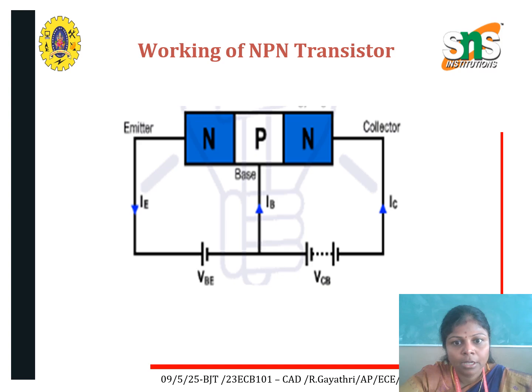And working of NPN transistor: between the emitter and base, the forward voltage is given, and between the base and collector, the reverse bias voltage is given. So from the emitter terminal, the emitter current will flow outward, the base current will be given to the P type, and in the N type the collector current will flow in.